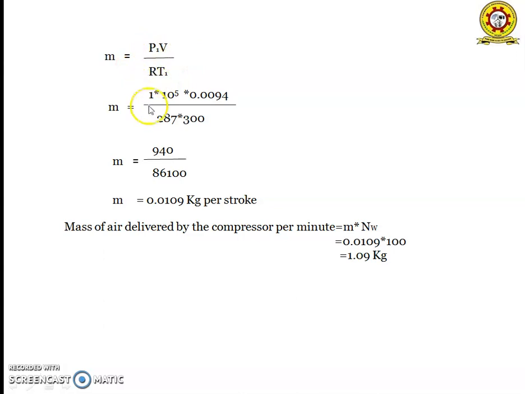So P1 value is 1 into 10 to the power of 5 Newton per meter square and V1 is 0.0094 meter cube and R value as 287 and T1 as 300 Kelvin. We will get mass is equal to 0.0109 kg per stroke. So mass of air delivered by the compressor per minute is equal to m into NW, where NW is equal to N is equal to 100 RPM. So we will get M as 1.09 kg. So second parameter also we calculated.